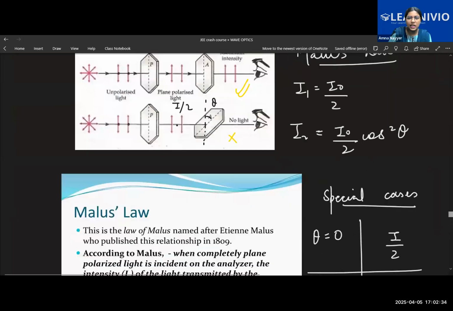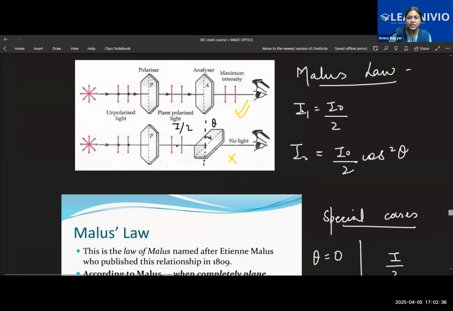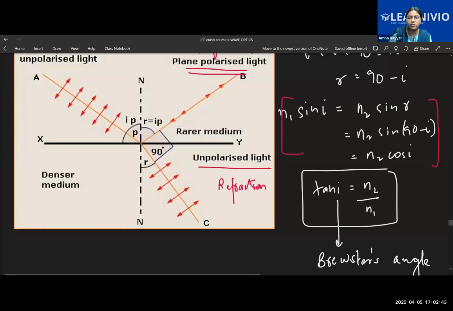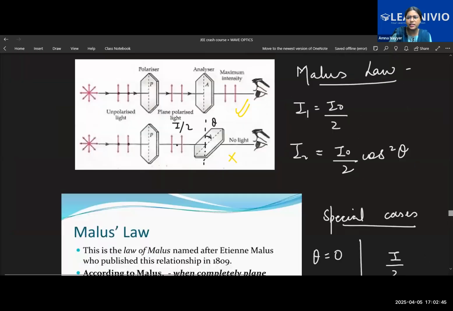Just write down this first Malus law, this part, special cases, and just write down this formula. The rest of the things you will receive, because these will be needed right now. Please write them.